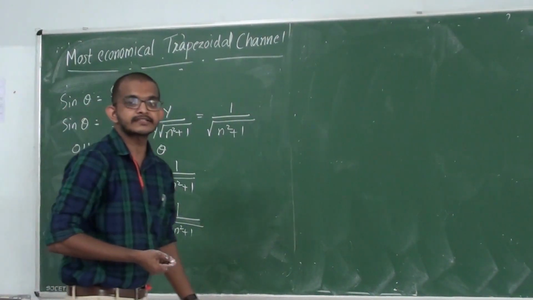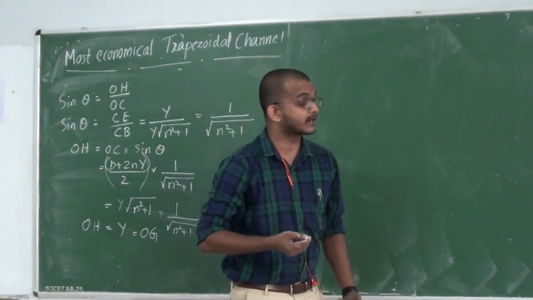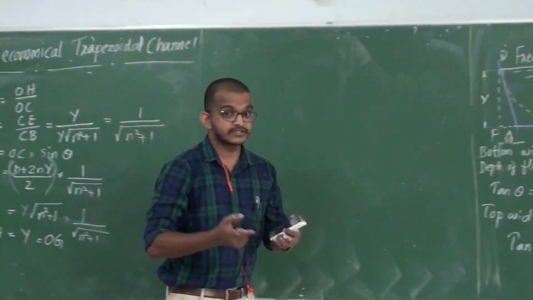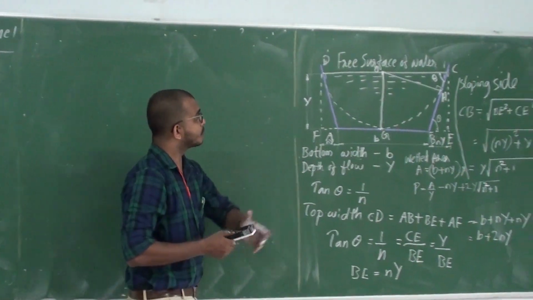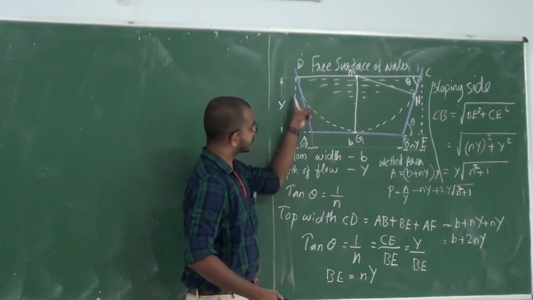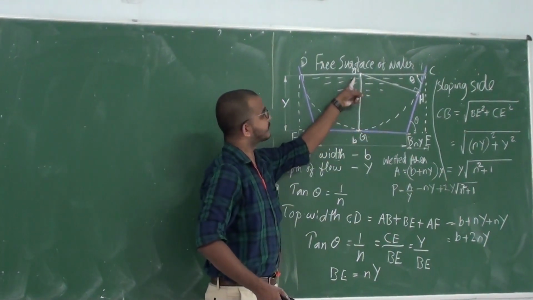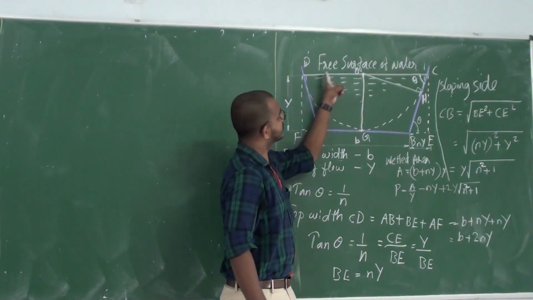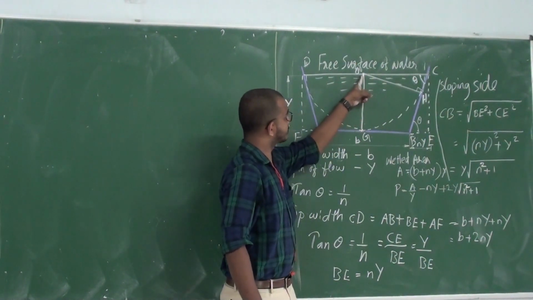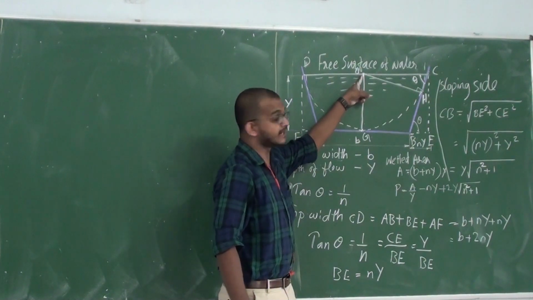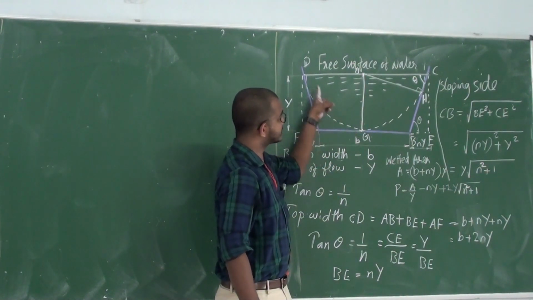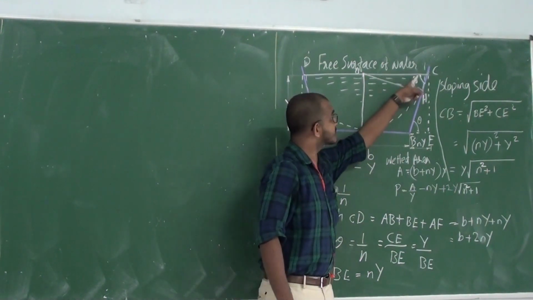If the channel section is most economical, and we draw a semicircle from the midpoint of the top width with radius equal to y, the depth of flow, then the semicircle will be tangential to the sloping side.